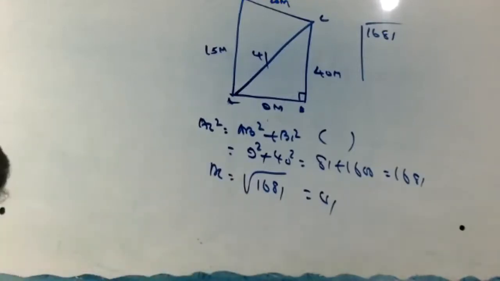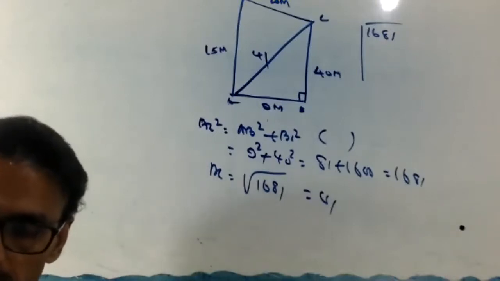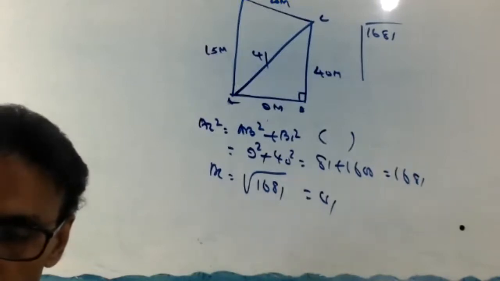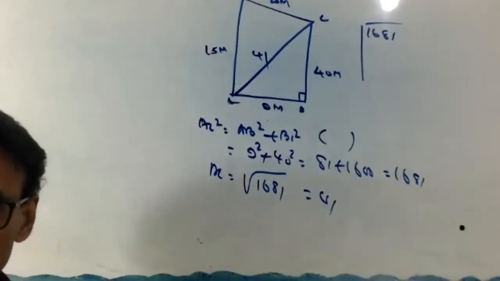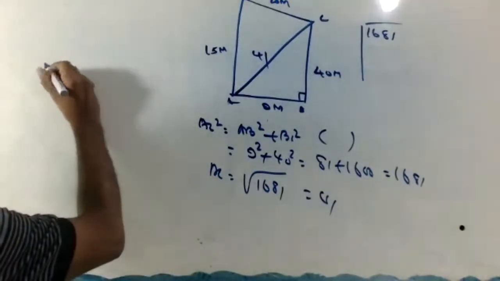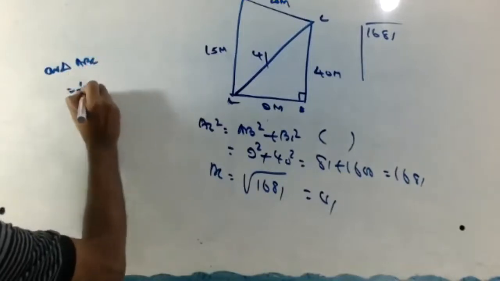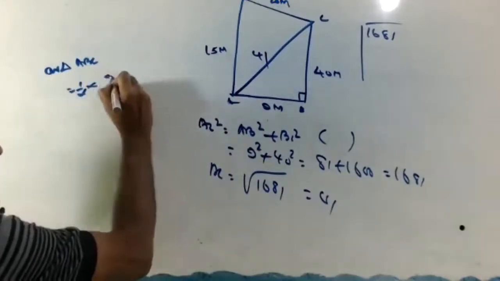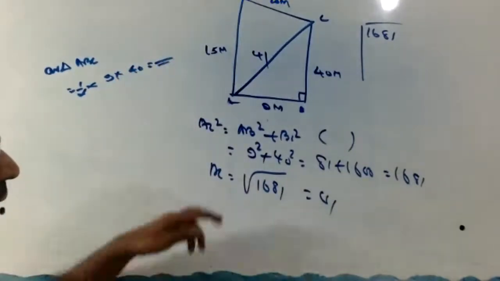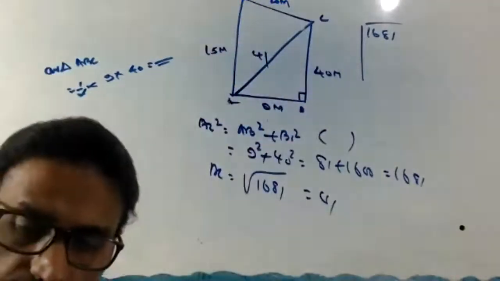The formula is half base into height. So the area of triangle ABC equals half into 9 into 40. Then for the area of triangle ACD, use Heron's formula and then add both.